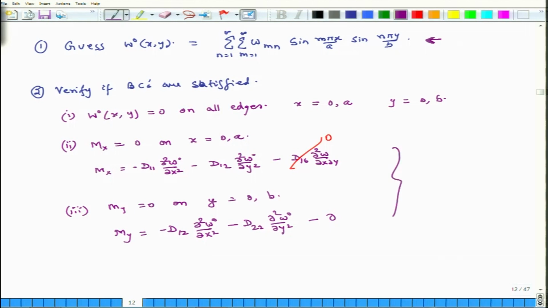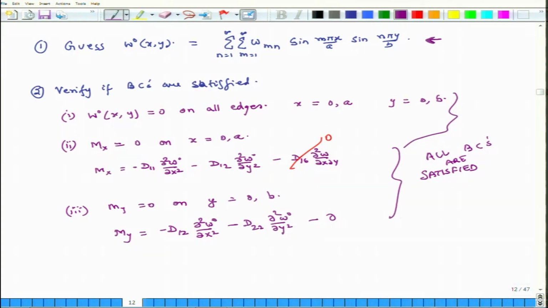So, these two boundary conditions are also satisfied. Actually, all the three boundary conditions are satisfied. So, our assumed function w satisfies all the BCs.